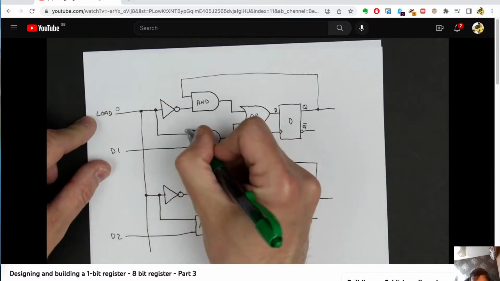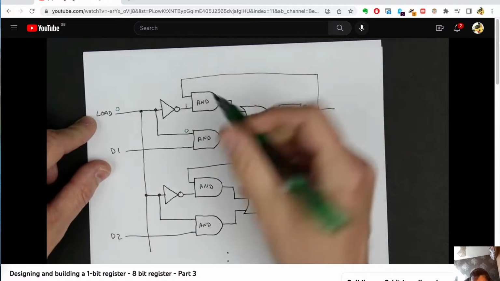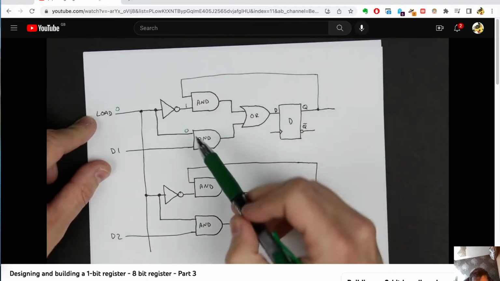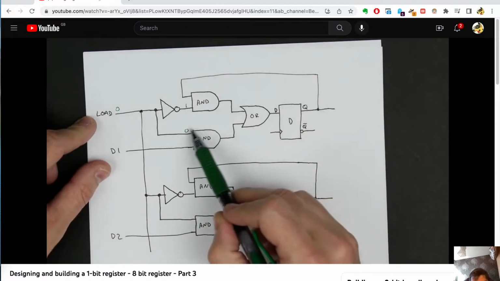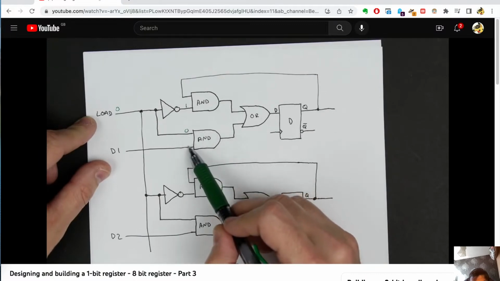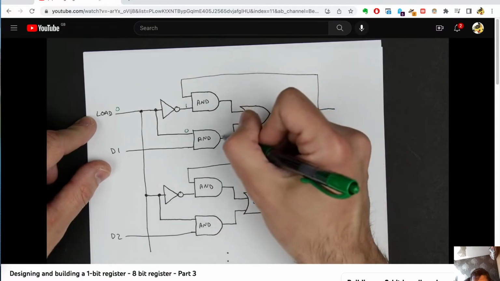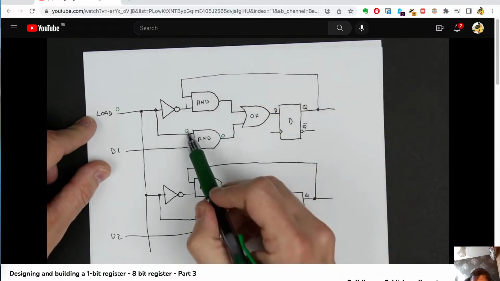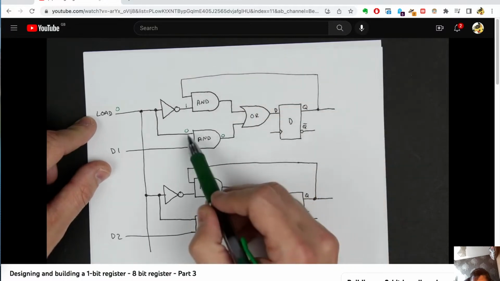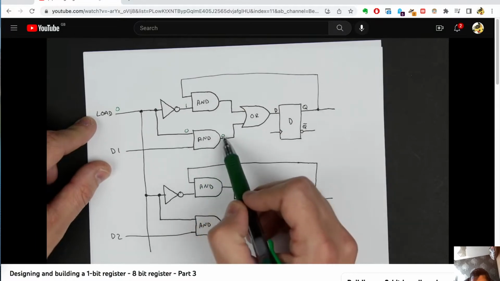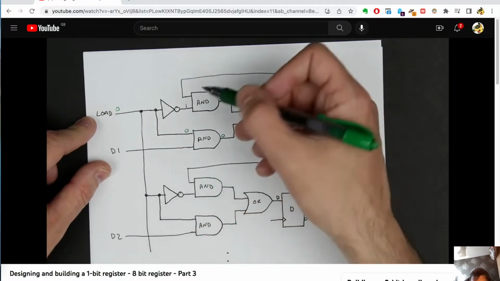We're going to have a 0 down here, and we're going to have a 1 over here. And so, we're looking at this coming in through this AND gate, so we have a 0 and something else. Well, it doesn't really matter what this is. If we have a 0 coming in here, we know the output's going to be a 0, right? Because if it's 0 and 0, that output's going to be 0. If it's 0 and 1, then the output's still going to be 0. So we know that's a 0.